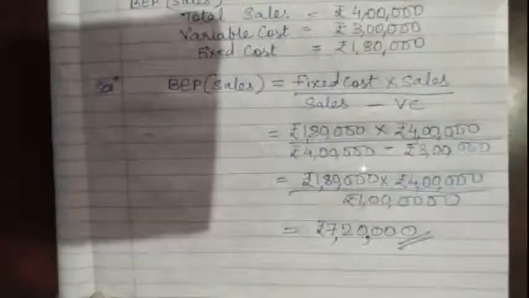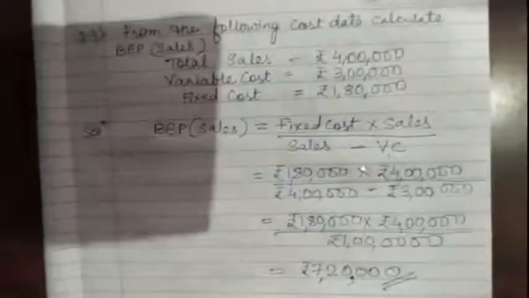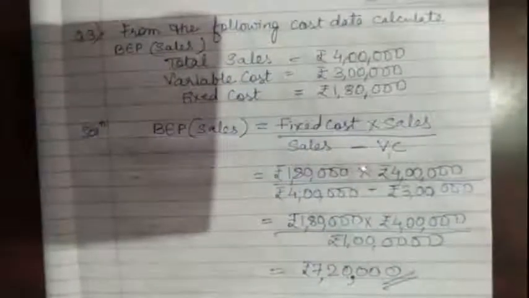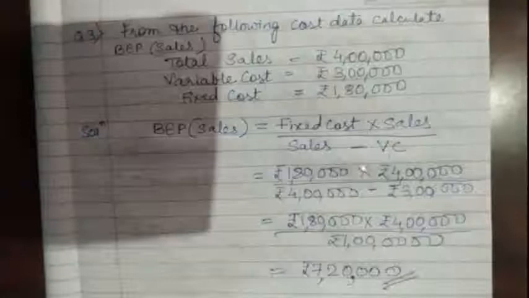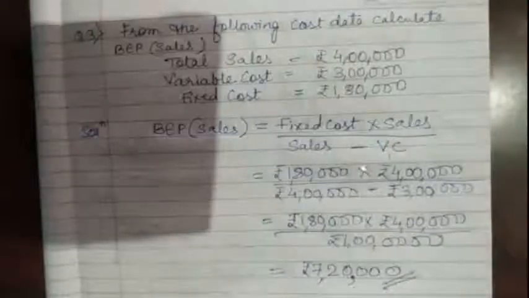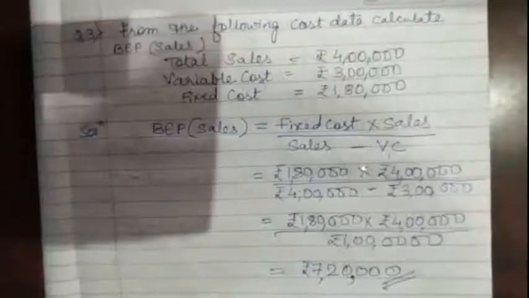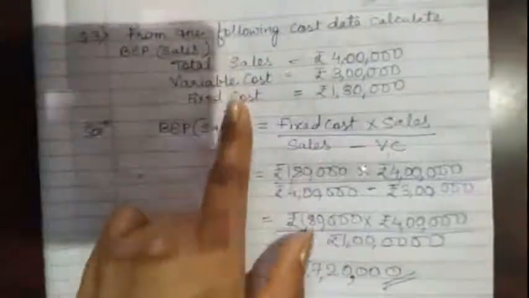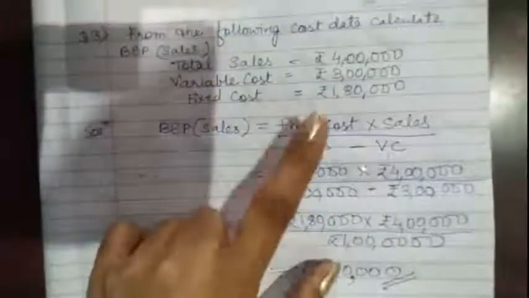To calculate break-even point in units, there is only one formula. But to calculate break-even point in sales, there are two formulas. If PV ratio is given, apply the first formula. And if PV ratio is not given, and these three items are given, then always apply this formula.